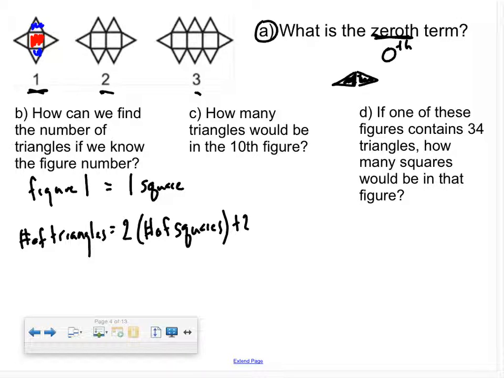So because the figure number equals the number of squares, the number of triangles equals 2 times the figure number, or the term number, plus 2.